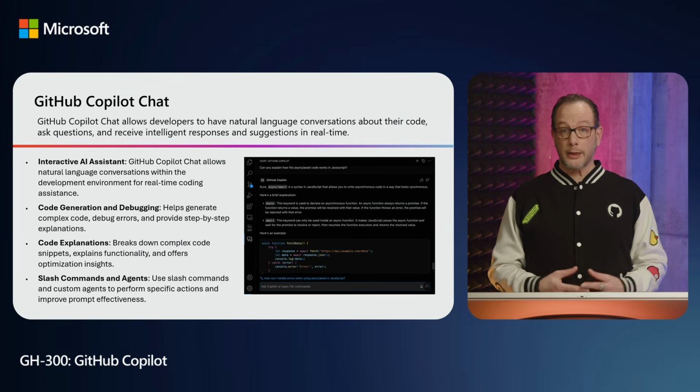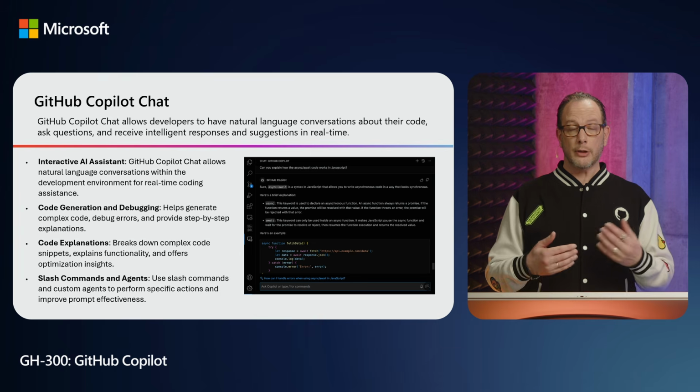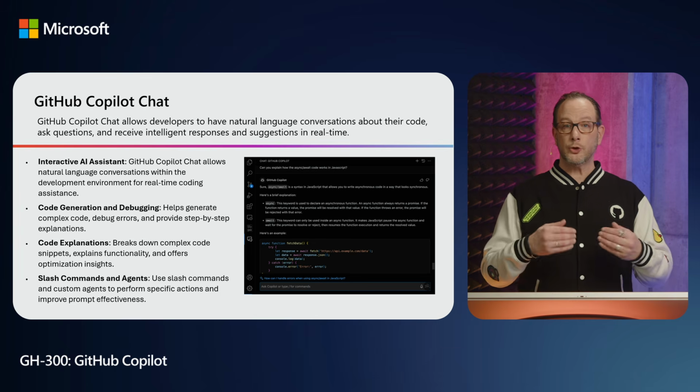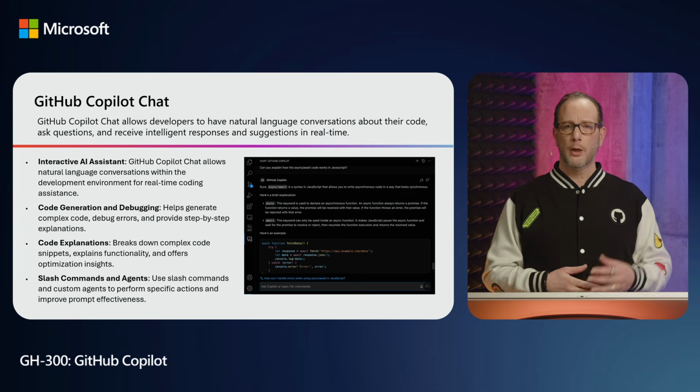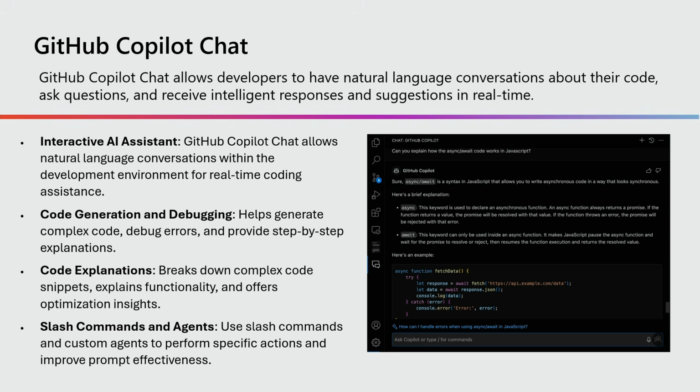GitHub Copilot Chat introduces conversational AI directly into your development environment. So instead of researching externally, you as a developer can ask questions about your code, request explanations, or generate new logic, all that using natural language, and actually without leaving the editor.